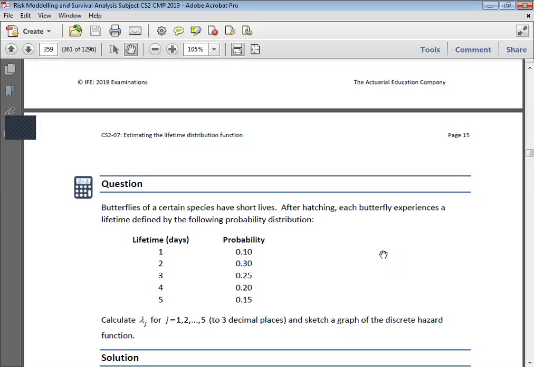Okay, so using the above formula, which let me just rewrite here. The formula was that my lambda j is the probability that T takes a particular value tj, given that T is greater than or equal to tj.